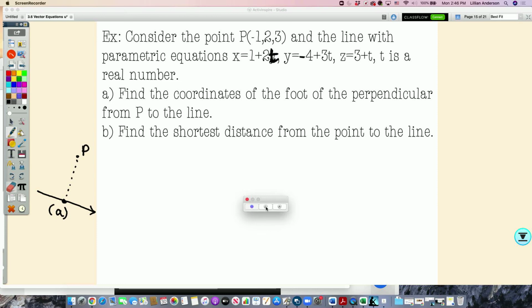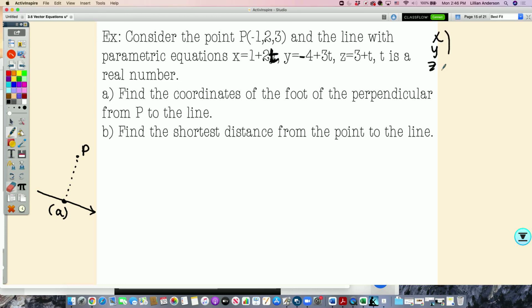So you should have had, yes, this was written as a parametric, but you could have written it as a regular vector. So then this would have been (1, -4, 3) plus t times (2, 3, 1).